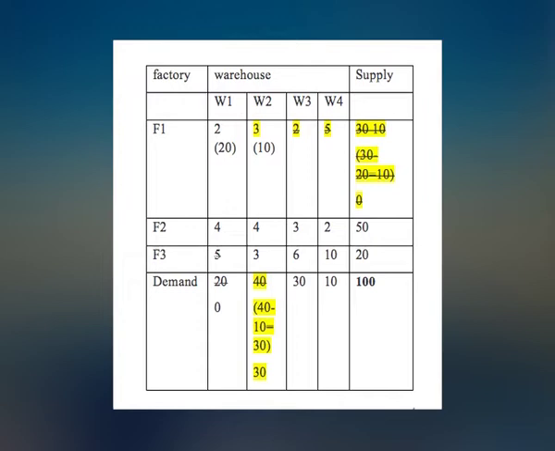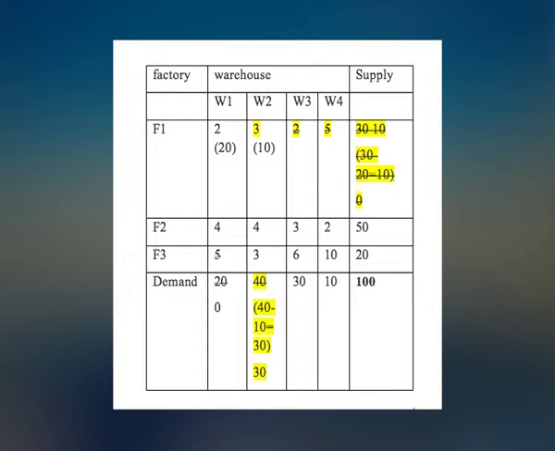Demand is 40 units and supply is 10 units. Since the supply value is lower compared to the demand value, we will assign the supply value, that is 10, to the northwest corner. Now, supply is 0 because we have allocated 10 units of supply to the F1 W2 cell. This row will be cancelled now, as the supply value has become 0.